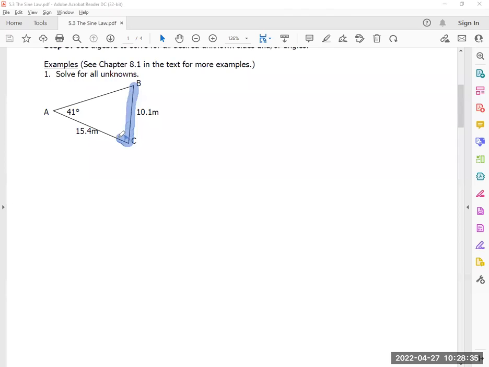Another side, and then without lifting your finger, what else do you have? An angle. So I have side, then a side, then an angle. Yes, it spells a not so nice word, but I'm not going to say anything. This is an acronym of SSA. I can use sine law.